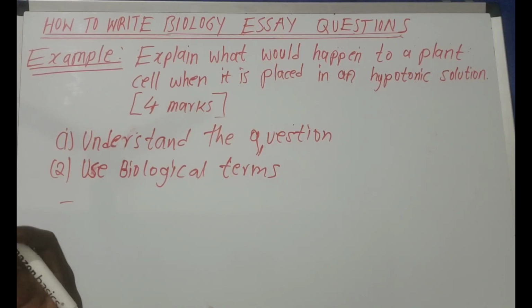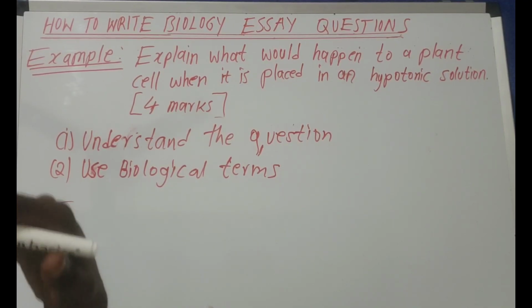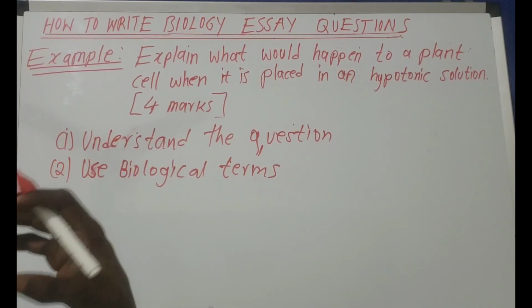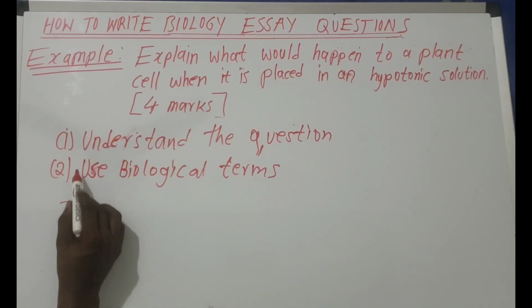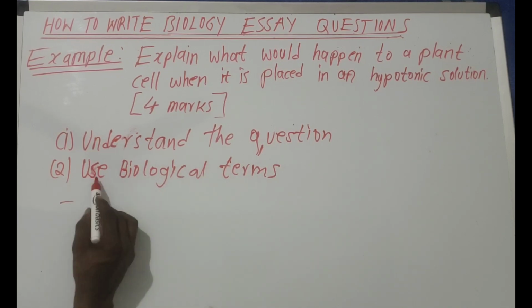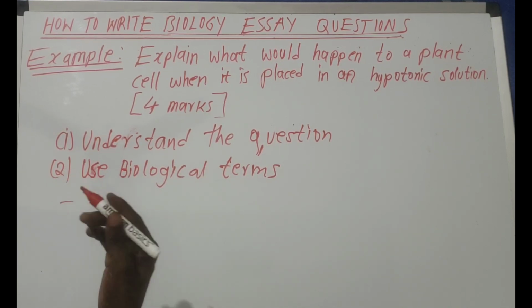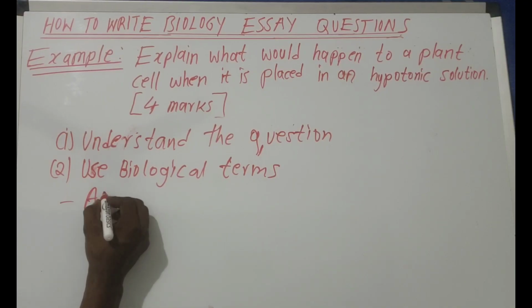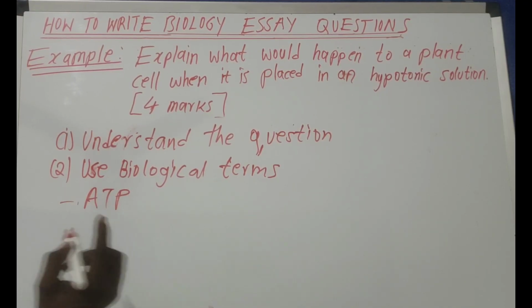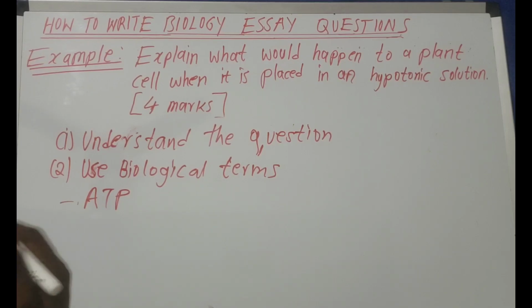For example, if there is a part where you want to explain energy, or list out energy, or mention energy in your explanation, you need to understand that since it's biology, you will not say energy. Instead, you use terms like ATP. This is the biological term, and the marker will know that this person knows what he's talking about.